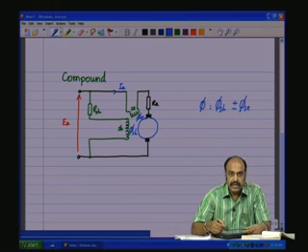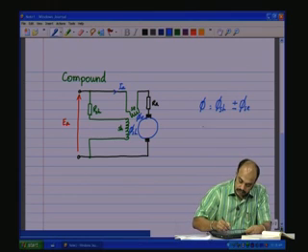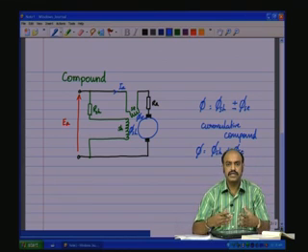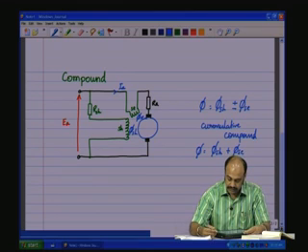If it is aiding, then we say it is a cumulative compound. So, in a cumulative compound motor, the flux is the shunt winding flux plus the series winding flux. They aid each other, they add up, and then you have a larger flux.